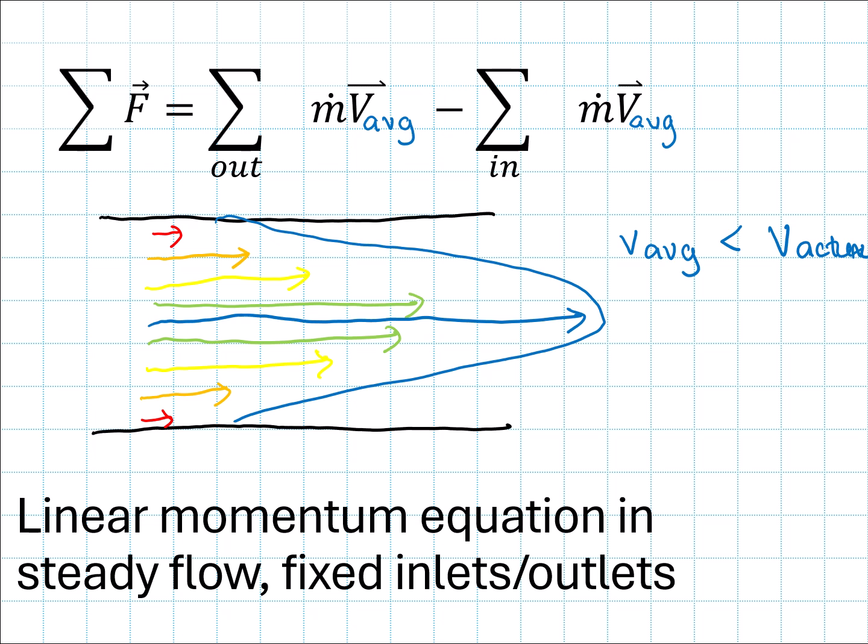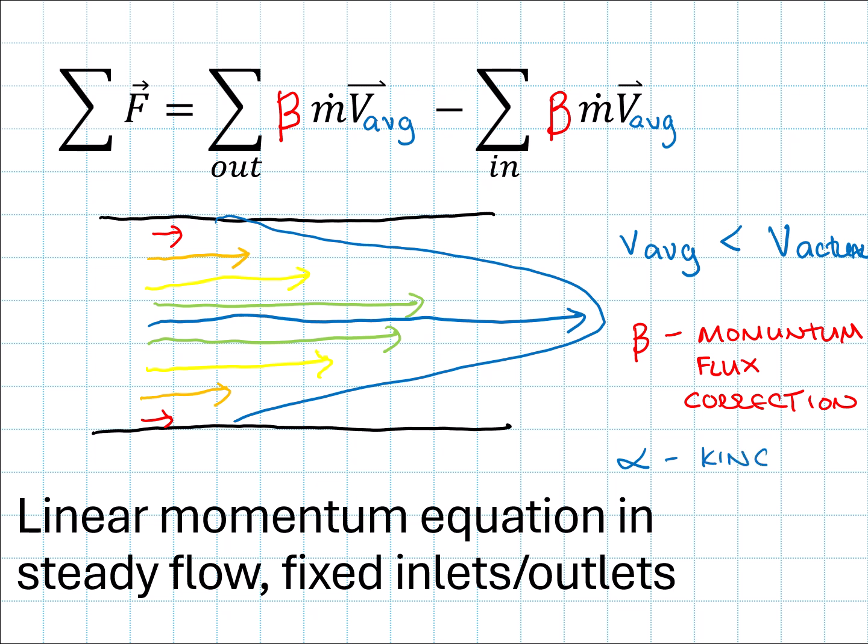So the final thing that I'm going to do is add a correction factor into my equation. On both my inlet and my outlets, I'm going to put my beta parameter, my momentum flux correction factor. And you guys may remember that we introduced a similar parameter, the alpha, the kinetic correction factor.